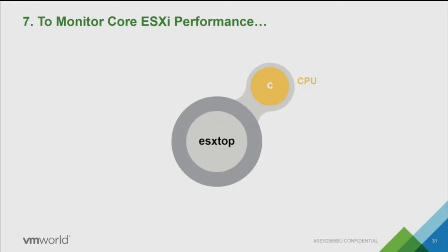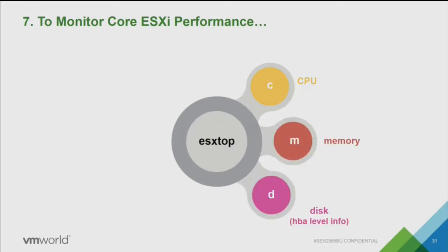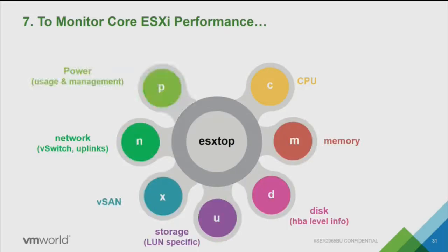The options available under ESXtop let you find information with regards to CPU, memory, disk, storage, vSAN, which was recently added, which is the option X, your network, and your power management as well. One other key important thing which most customers miss out is to look at the performance stats level. The reason is that based on the stats level which you have set, your virtual machine performance could vary drastically.